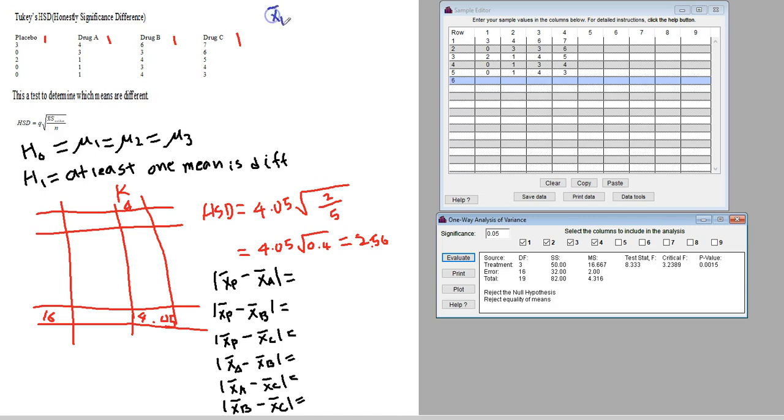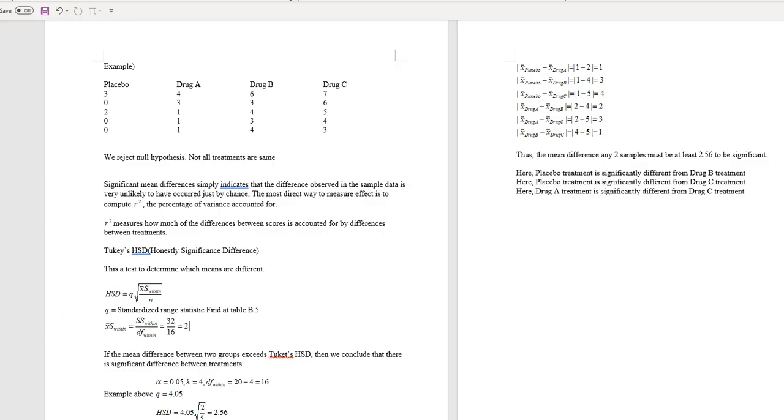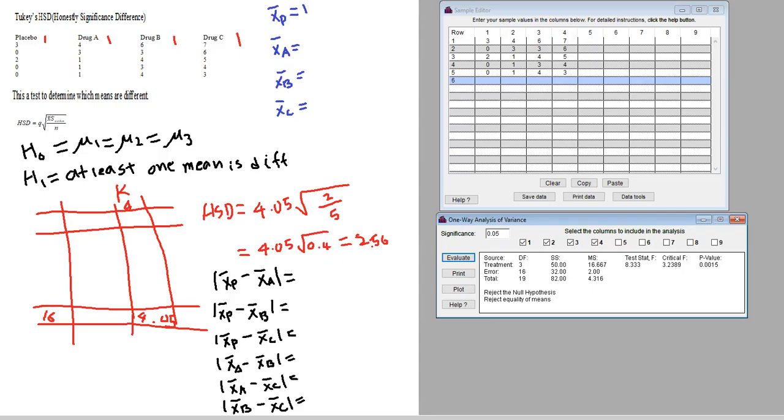X bar placebo was 1. X bar A, X bar B, and X bar C. So the mean for A was 2.